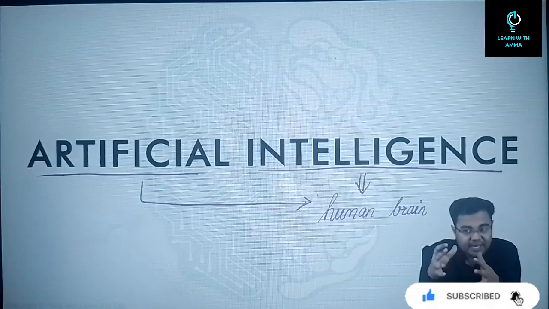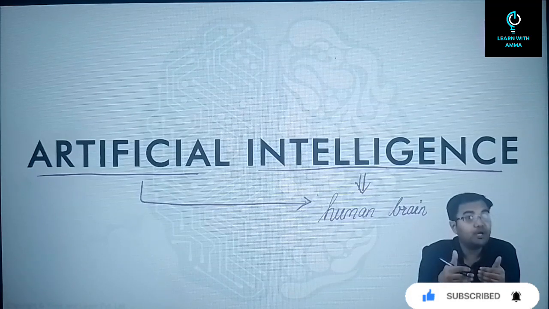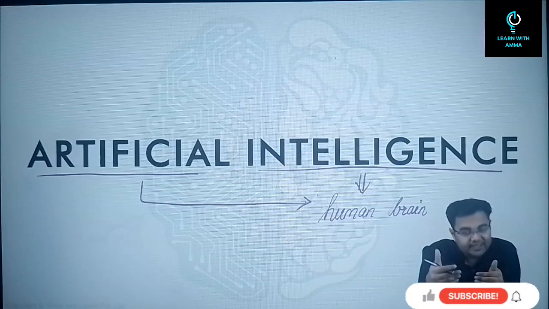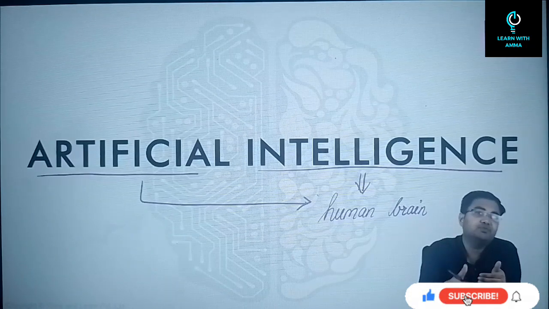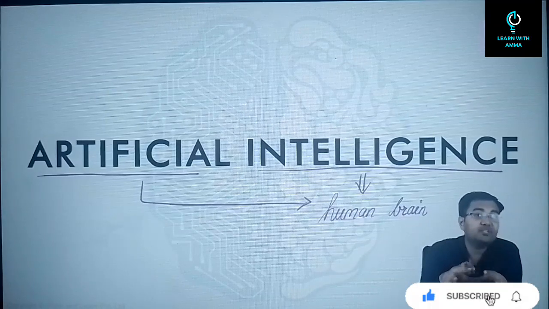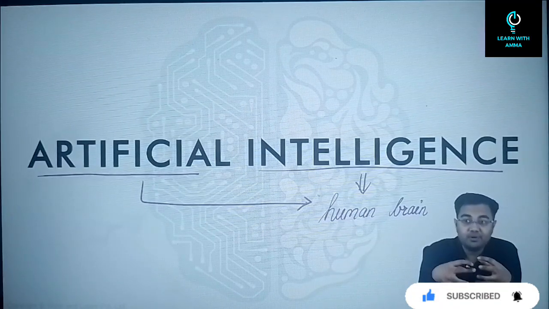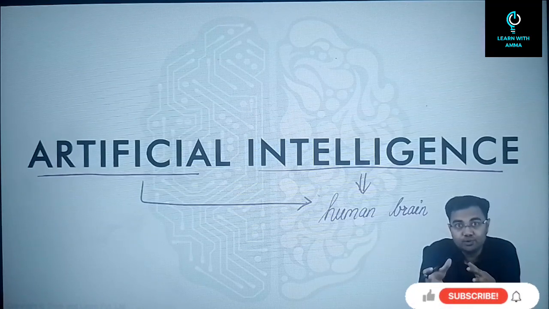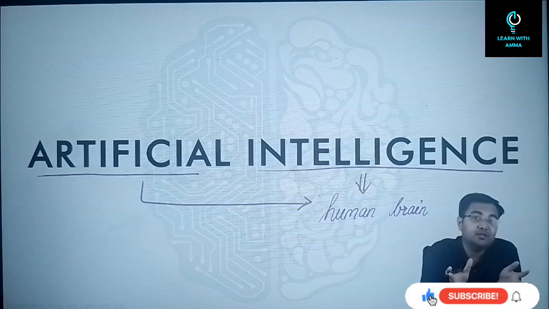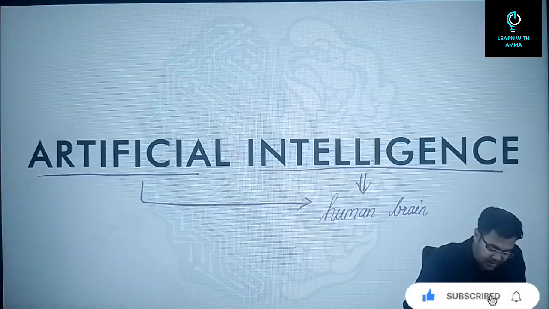The system works according to that instruction, and every time you have to give an instruction so that it can be implemented by that machine. But in case of artificial intelligence, you don't need to give instructions every time. The machine understands what it needs to do because it has been fed with the process. It understands what it needs to do and how it needs to react under different circumstances. So this is how artificial intelligence can be defined.